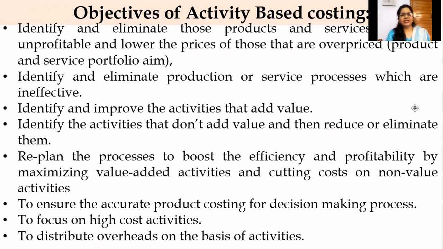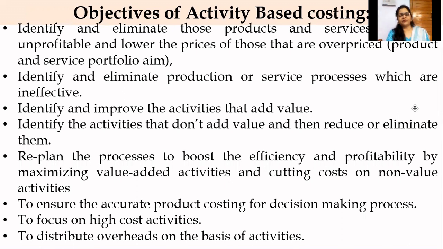Next is identify and improve the activities that add value. So the activity which adds more value to the product or the organization can be identified and more improvement can be made in such activities. And identify the activities that don't add value and then reduce or eliminate them. So the activities which do not add value can be eliminated or to some extent reduced also.